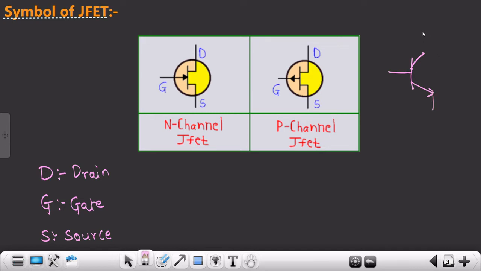In the case of BJTs, we were providing a certain input current, that is IB, to the input side, and at the output side we were getting a magnified form of the input current. This input current was roughly in microamperes, and the output current was in milliamperes. So with the help of the transistor, the weak input signal which we provided to the input side was getting magnified at the output side. This was the basic idea of a transistor.